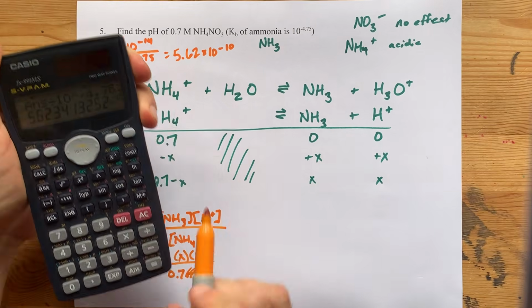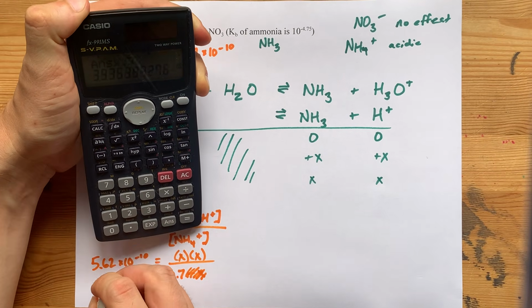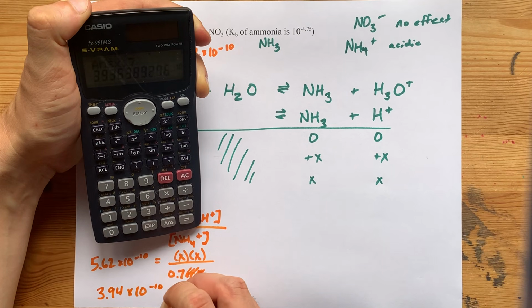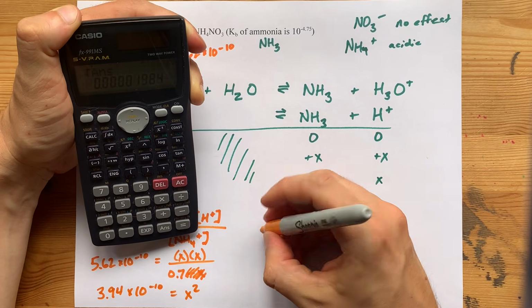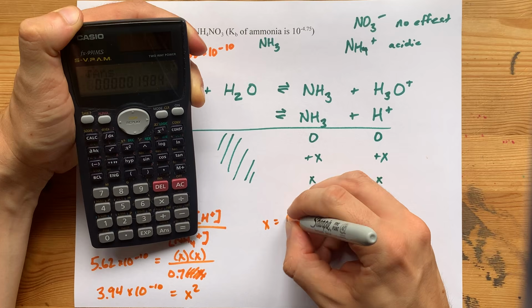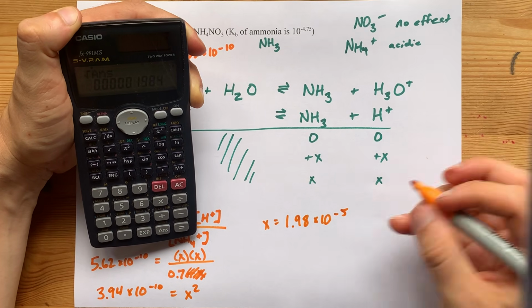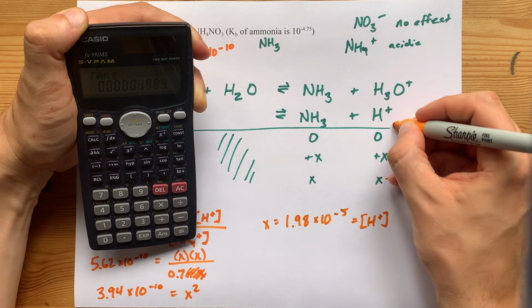So 5.62 times 10 to the negative 10 times 0.7 gives me 3.94 times 10 to the negative 10. And then I square root both sides. My x is 1.98 times 10 to the negative 5. And that is my H plus concentration.